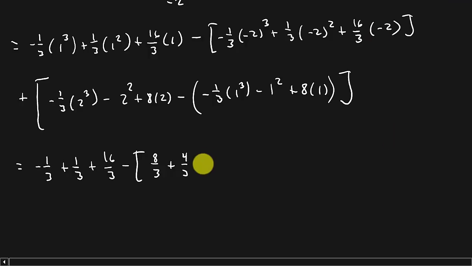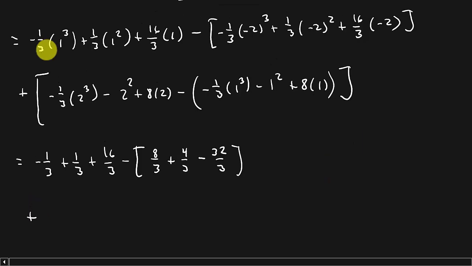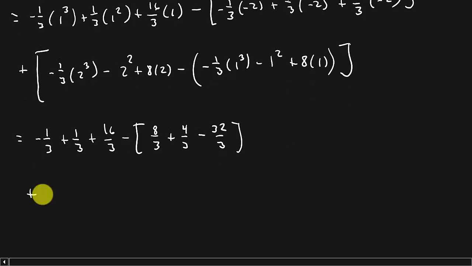And then this one we've got minus 32/3. All right. So that takes care of this top one right here. Now we've got this one. So that's going to be plus -8/3 minus 4 plus 16 minus -1/3 minus 1 plus 8.